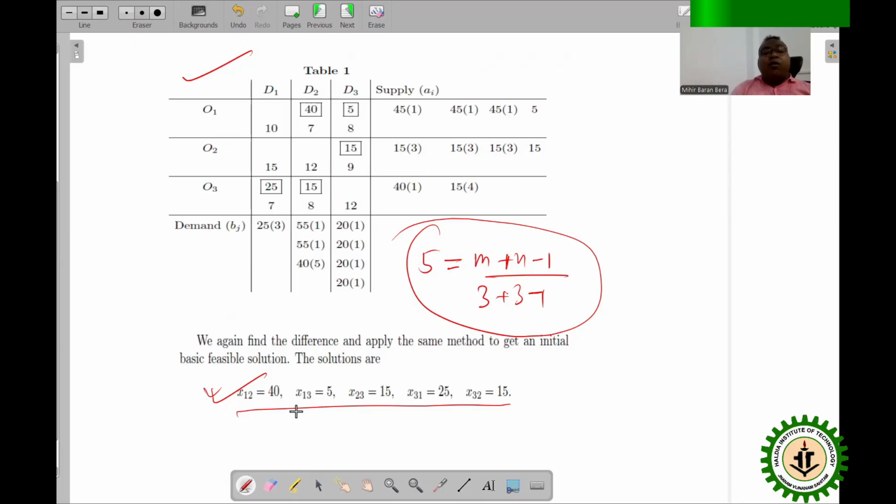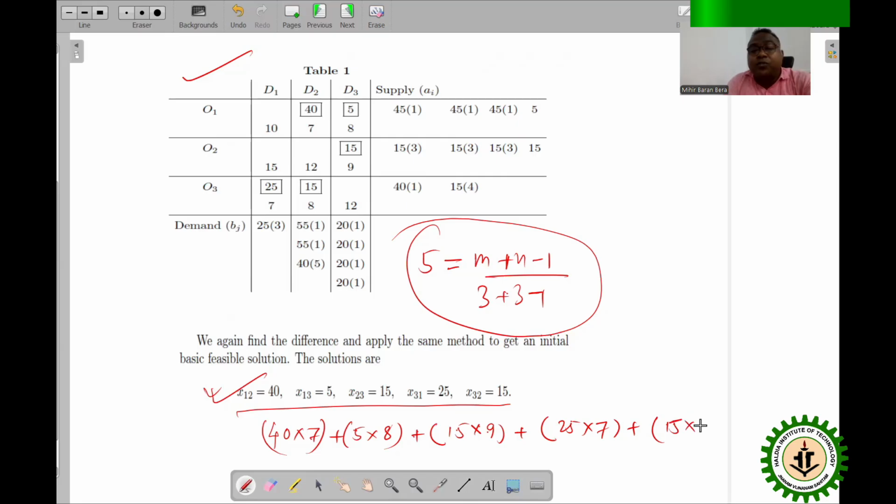And at that time, the optimum transportation cost will be 40 into 7 plus 5 into 8 plus 15 into 9 plus 25 into 7 plus 15 into 8.